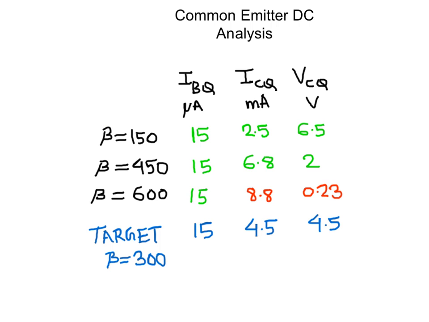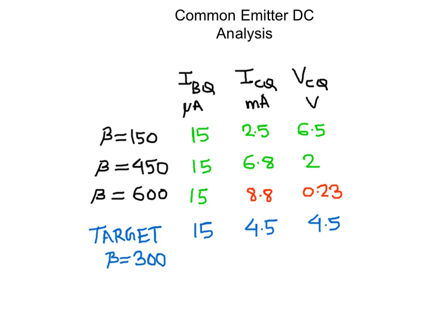In the worst case, when beta equals 600, the steady state collector voltage changes by as much as 94% from the design target of 4.5 volts. This results in the base collector junction being forward biased and the transistor is now operating in the saturation region. So it is not functioning as an amplifier.